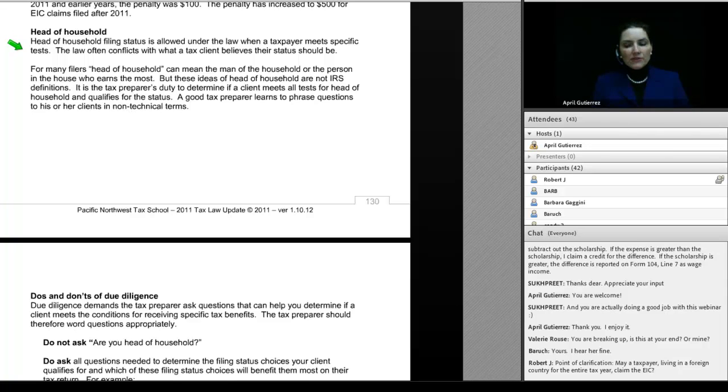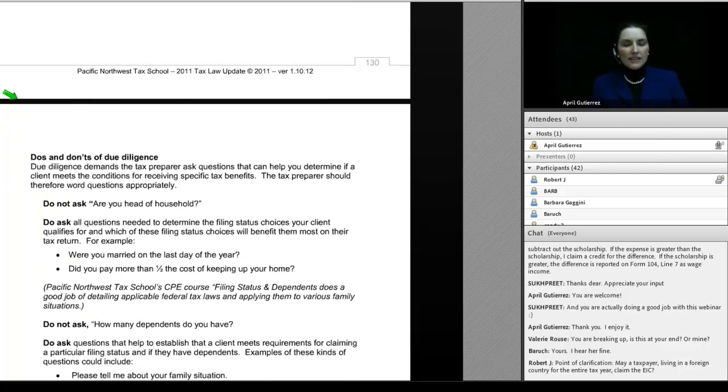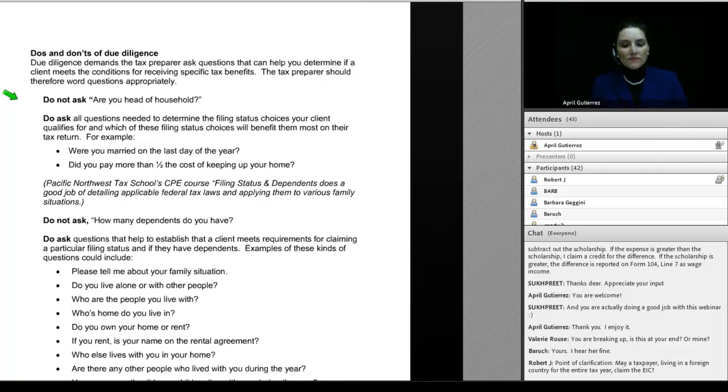For many filers, head of household can mean the man of the household or the person in the household who earns the most. But these ideas of head of household are not IRS definitions. It is the tax preparer's duty to determine if a client meets all tests for head of household and qualifies for that status. A good tax preparer learns to phrase questions to his or her clients in non-technical terms.